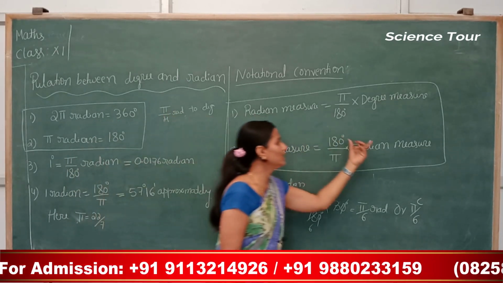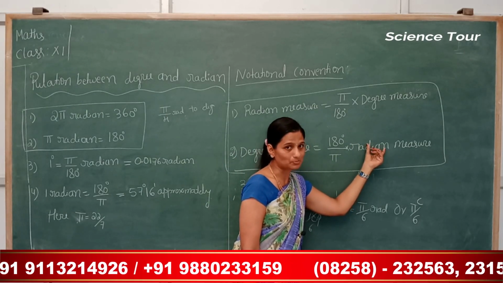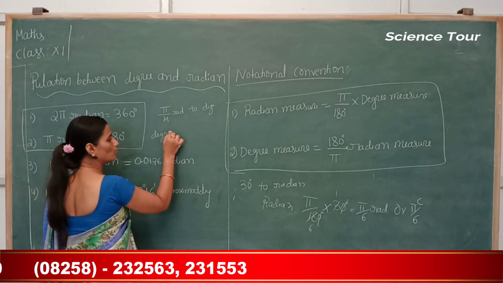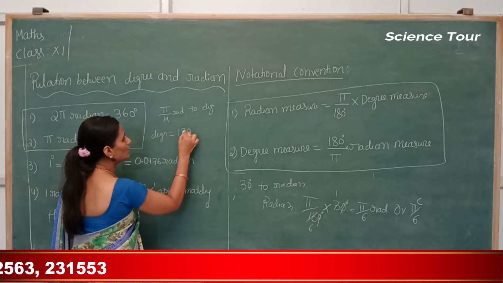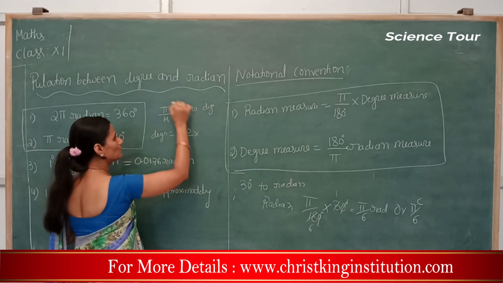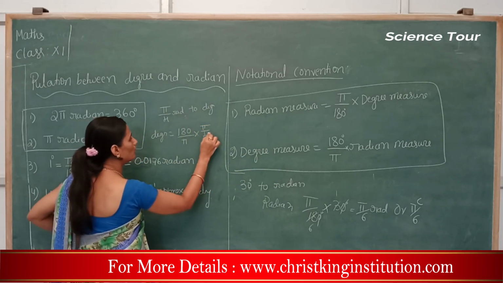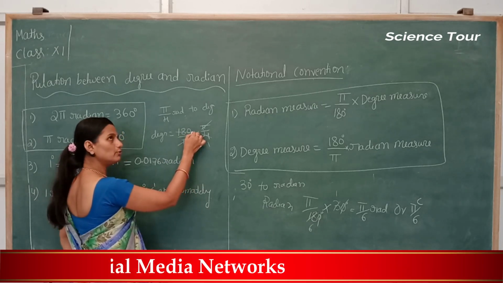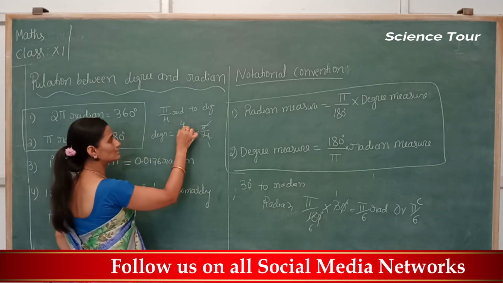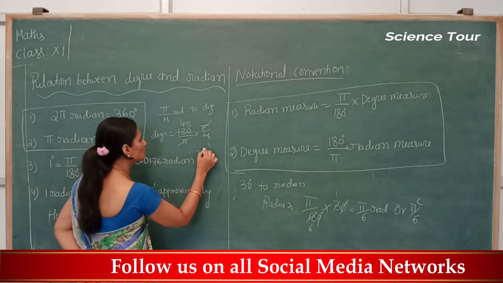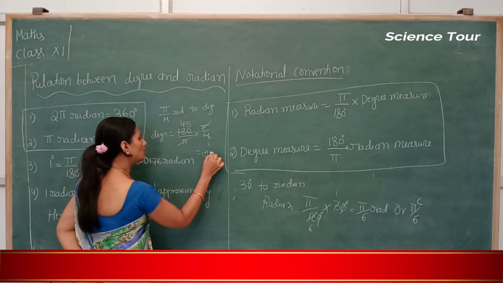So degree measurement is equal to 180 divided by pi into the given radian measurement, pi divided by 4. Pi and pi cancel. 4 fours are 16, 4 fives are 20. The answer is 45 degrees.